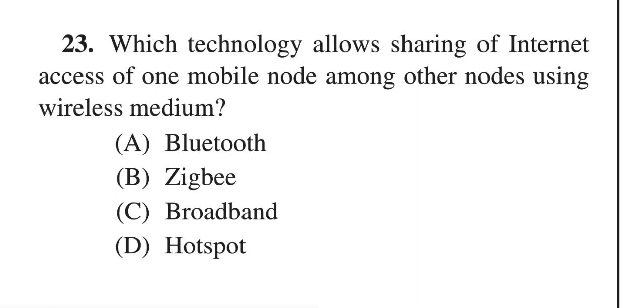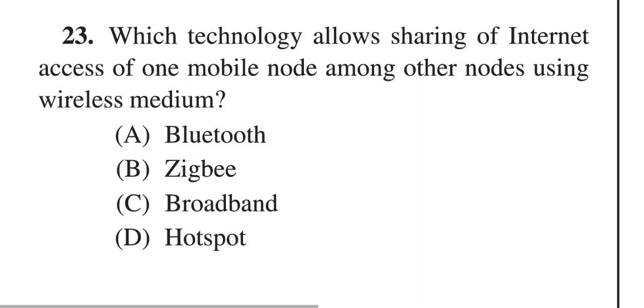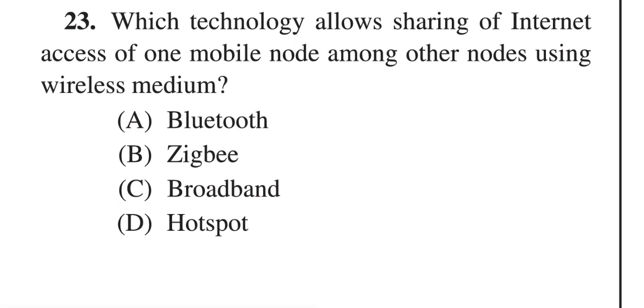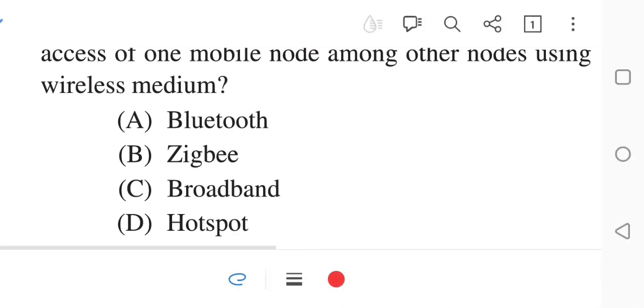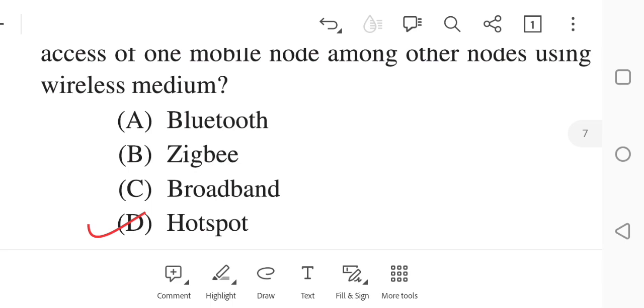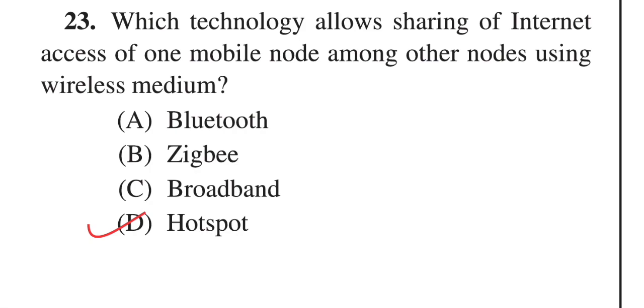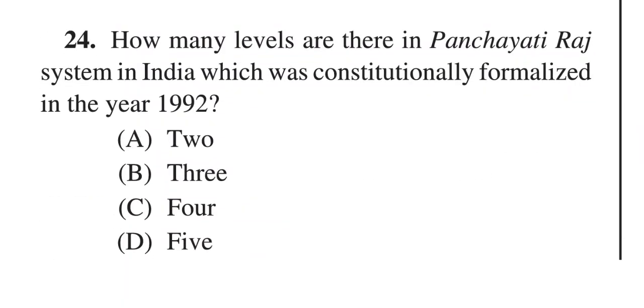So let's try to find out the correct answer. Correct answer of this question will be number D, that is hotspot. Hotspot is the technology that allows sharing of internet access of one mobile node among other nodes using wireless medium. You must have used hotspot so many times in your mobile phone too. So it can be used in other media also, like laptop, desktop computer, or tablet, etc. Let's move on to next question.